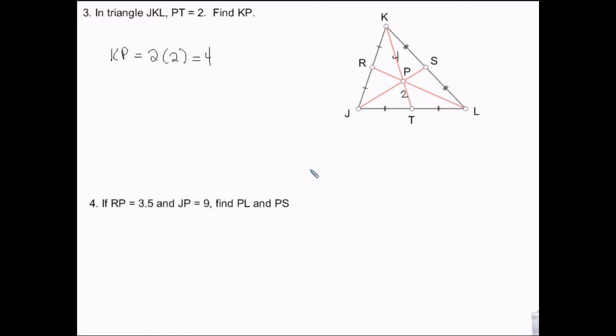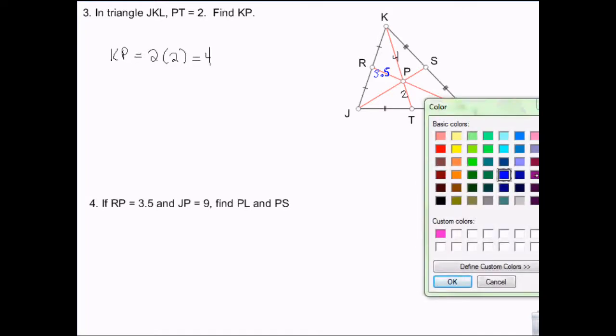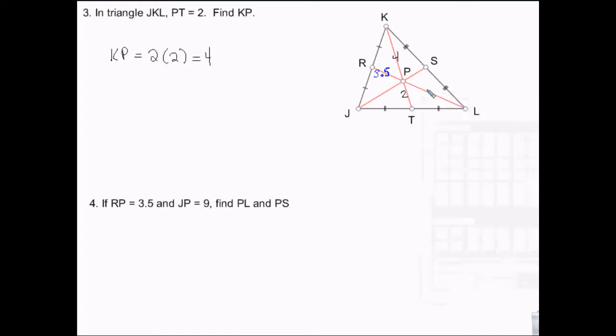Okay so far? And then RP, that's this short length right here, I'm going to make that one blue, is 3.5. And then, let's do purple. JP, that's this length here, is 9. JP is a longer one and RP is a shorter one.